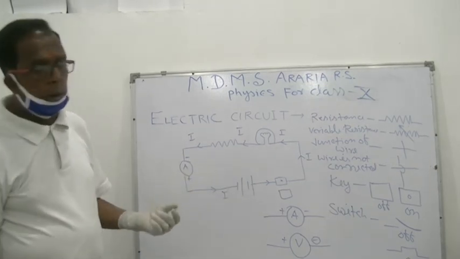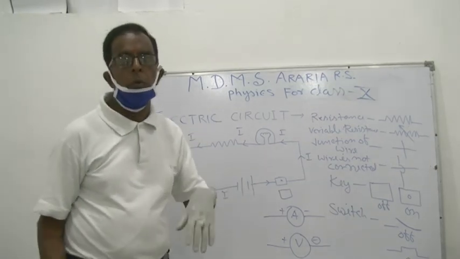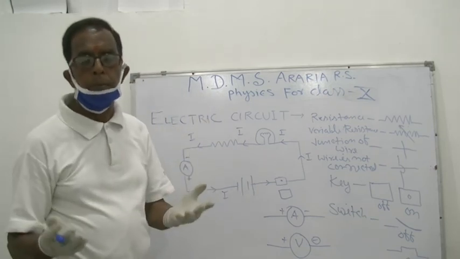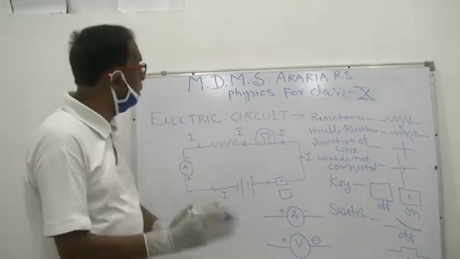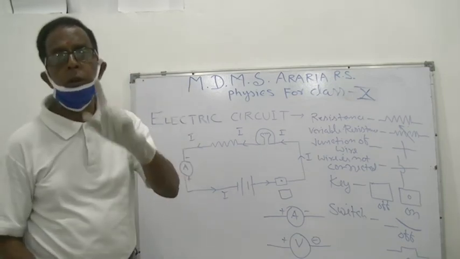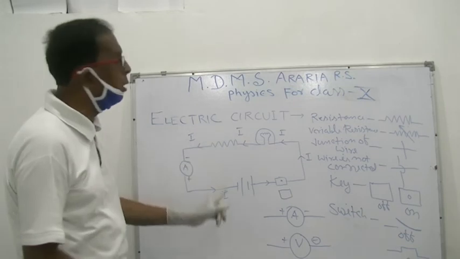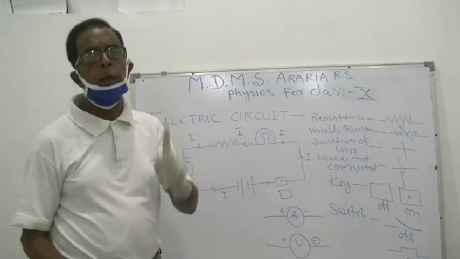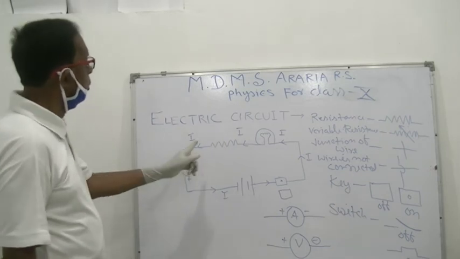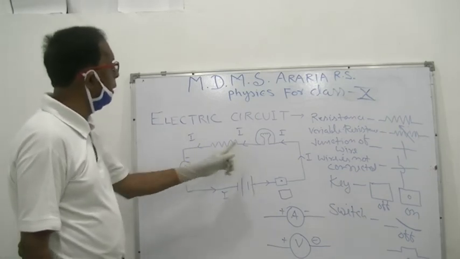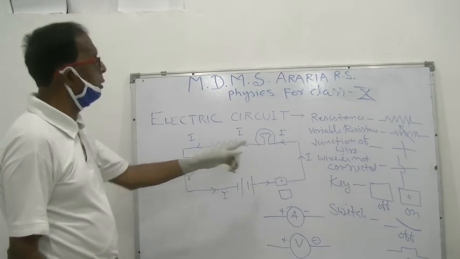And the voltmeter. A voltmeter is a simple device by which we measure the potential difference between the two ends of any electrical component or any electrical circuit. Suppose you want to know the potential difference at the ends of this resistance.